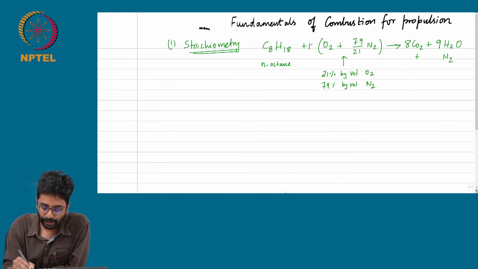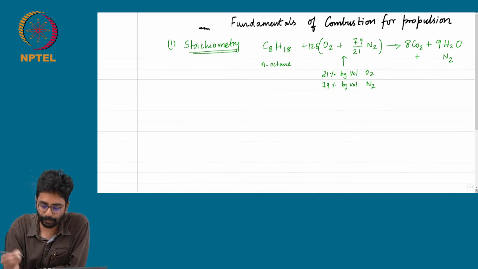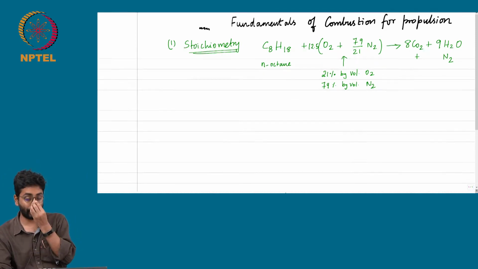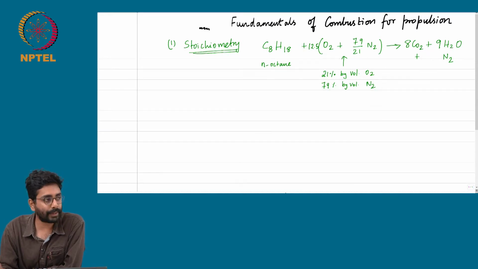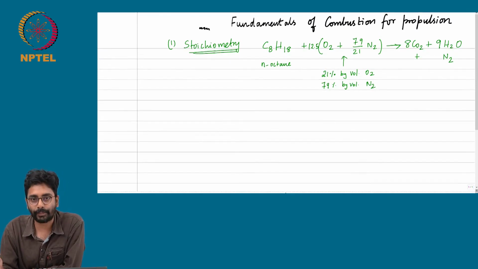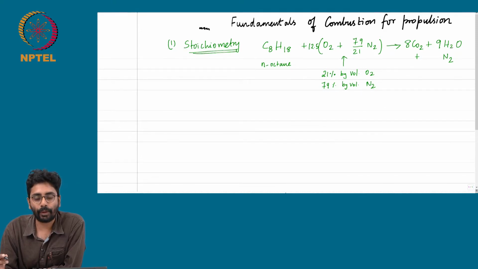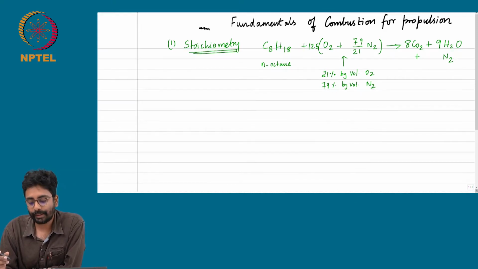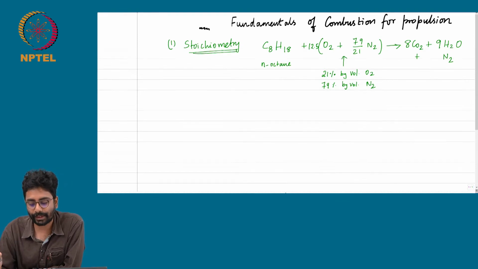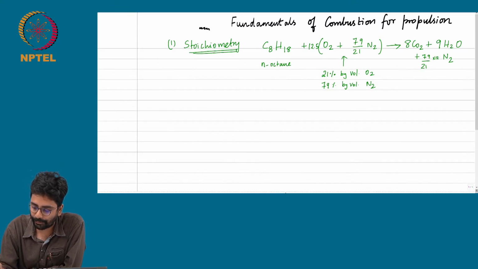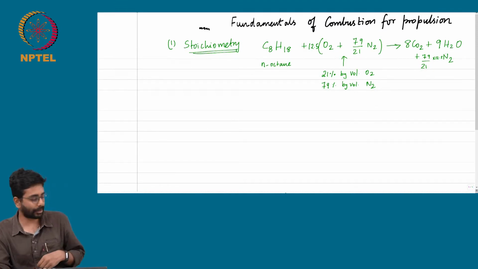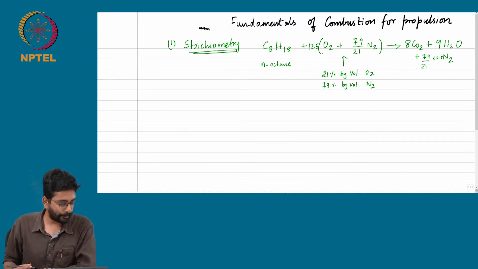So the total number of diatomic oxygen moles that will balance this equation is 12.5. Since 21% of oxygen comes with 79% of nitrogen in air, we also have 79 by 21 times 12.5 moles of nitrogen. So this is a stoichiometrically balanced reaction for octane.